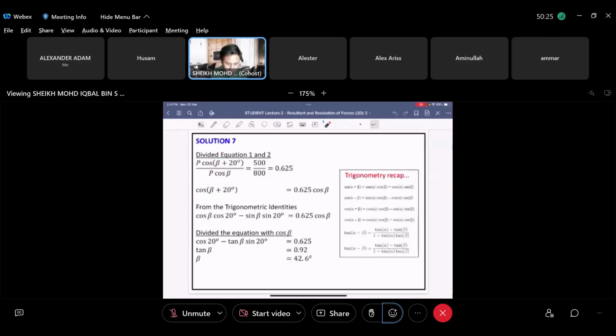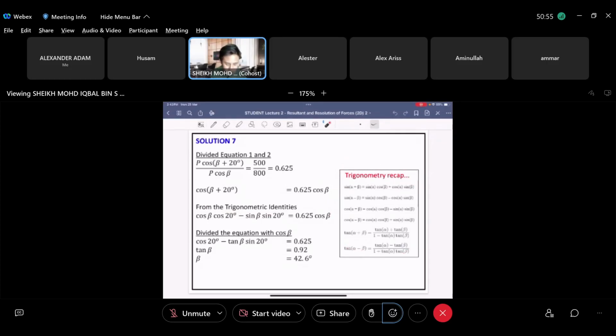So divide P cos beta and everything, and finally we will have this one, okay? Cos(beta + 20 degrees) equals 0.25 cos beta. So now how can we solve this one? Okay, it is solvable if you remember back to your trigonometry, right? Remember your trigonometric identities. So I've put in a table here for you to recap, all right?